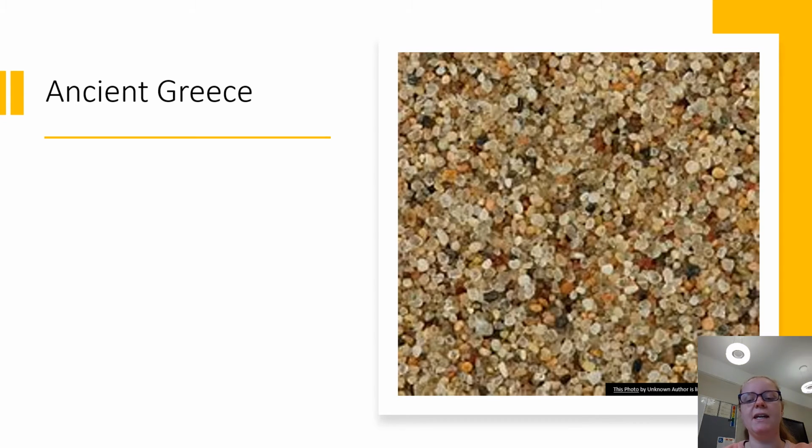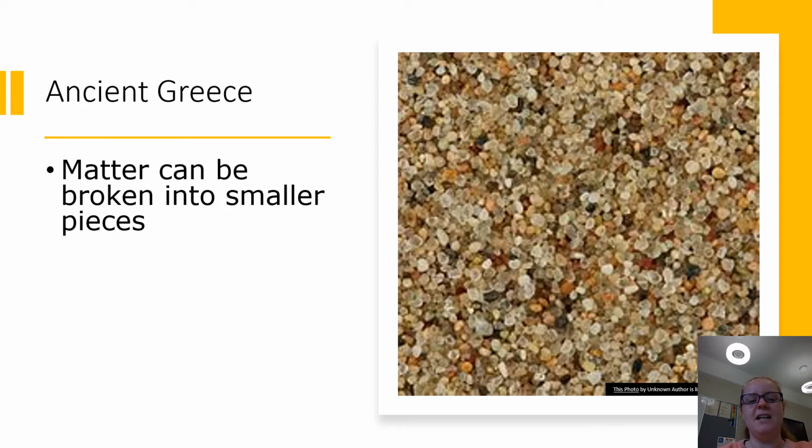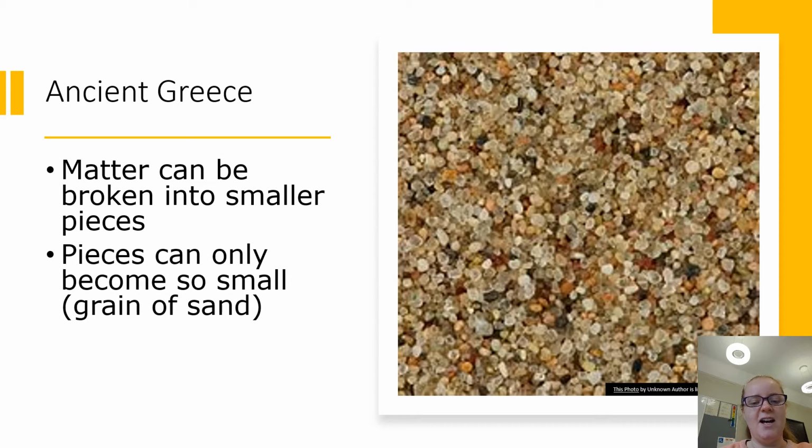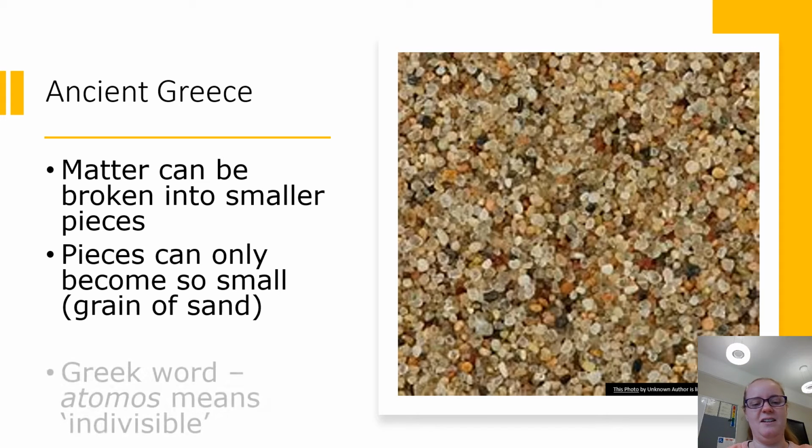So, way back in ancient Greece, they decided that all matter can be broken into smaller pieces, but eventually things got as small as they could go, and they figured once you hit about a grain of sand, then that's probably about as small as things can go. You can't break a grain of sand.